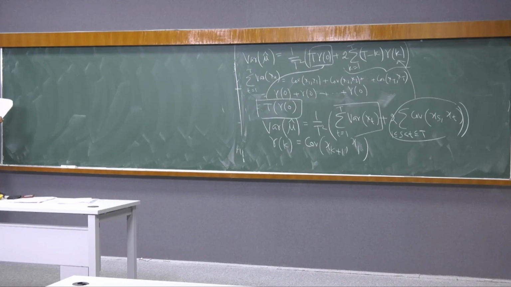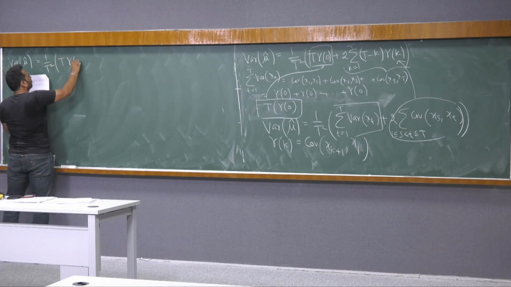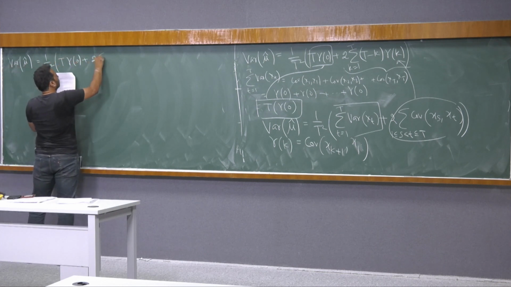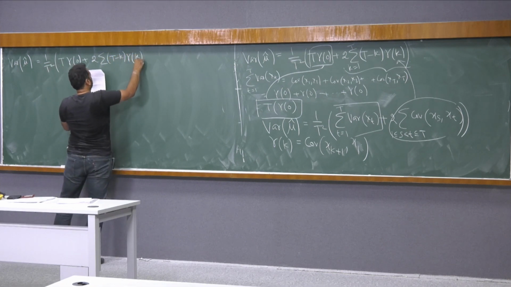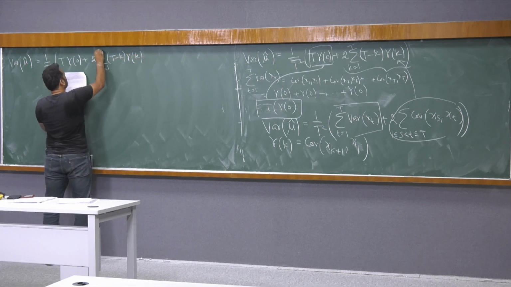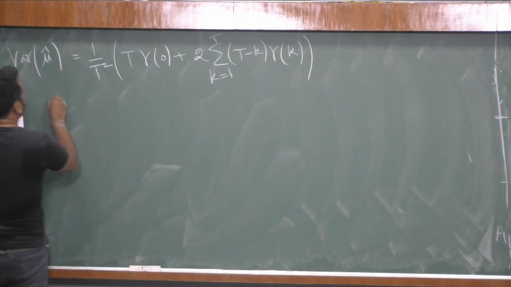Now that we have derived it, we can write the variance of mu hat as 1 by T squared times the sum.